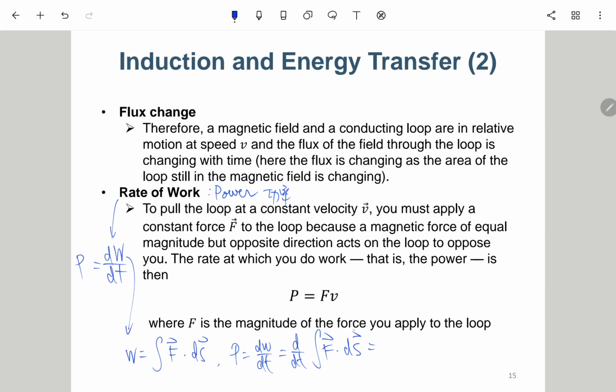If you put the derivative inside, it is F dot ds/dt, and this ds/dt is the velocity. So if the force is constant and the velocity is constant, it turns out to be a simple product. Otherwise, if it is not uniform, then it should be an integral.